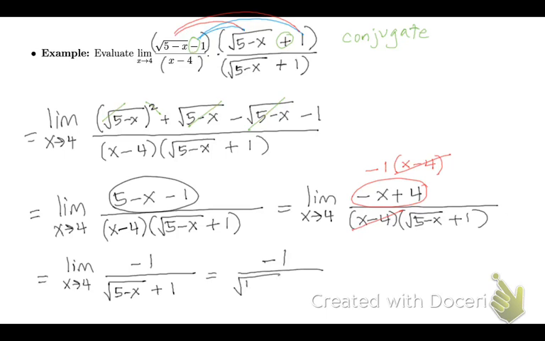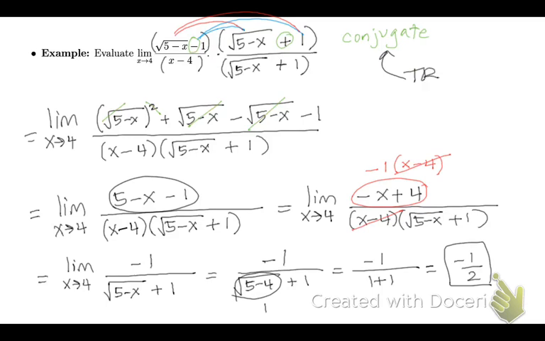Square root 5 minus 4 plus 1. And I get -1 over, that's the radical, that's just 1. Radical 1. 1 plus 1. I get -1/2. Okay. All right, so this time the trick was to use the conjugate to rationalize.